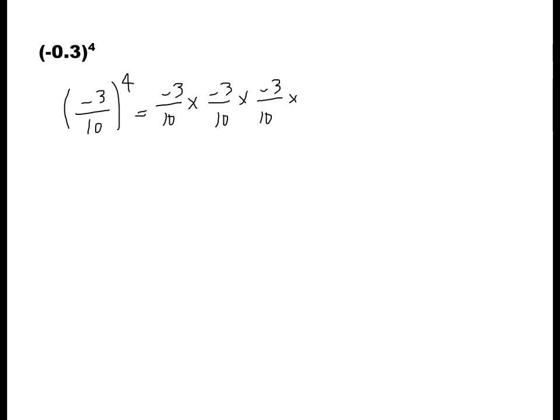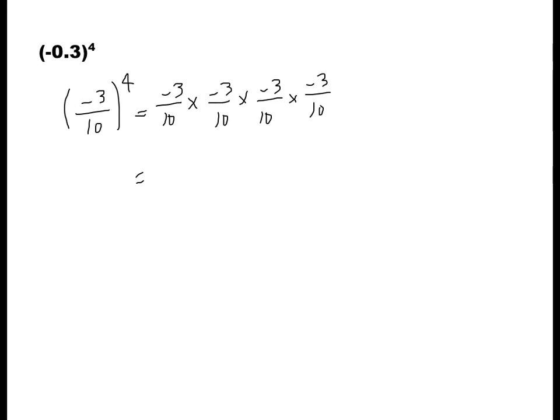The next example is negative 0.3 exponent 4. If the question was evaluate this one without using calculator, how are you going to multiply negative 0.3 4 times? Instead of doing that, I'm going to write negative 0.3 as negative 3 over 10 exponent 4. Now, by definition, this is negative 3 over 10 times negative 3 over 10 times negative 3 over 10 times negative 3 over 10.